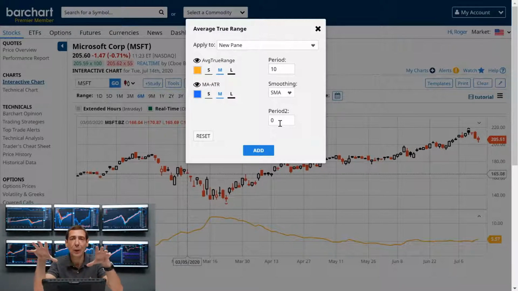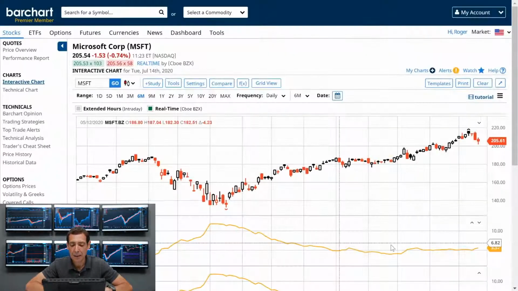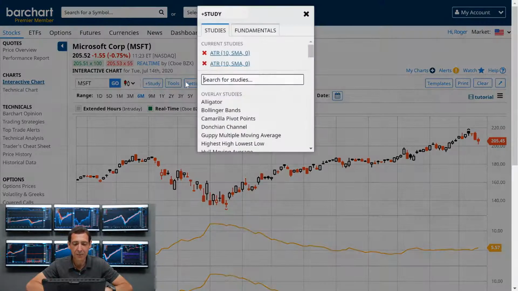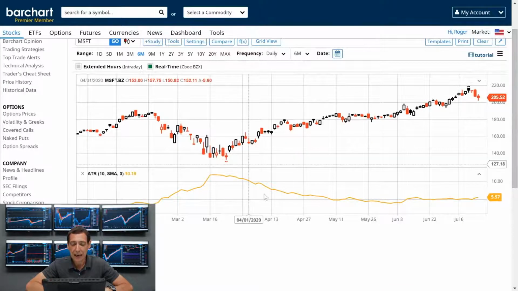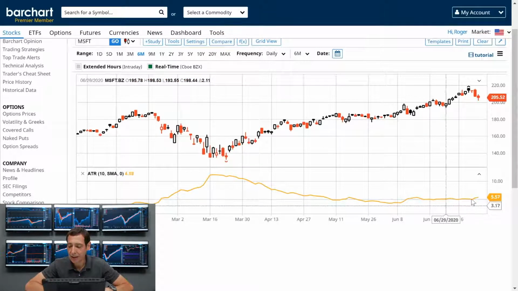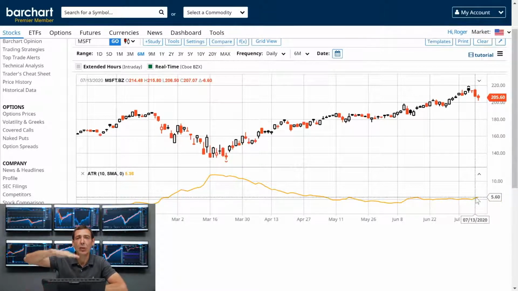I don't want to accentuate the indicator anyway at all. So we just set it to 10 days, smoothing 0, and then add it. And I think it just gave me double the indicator, double the fun. All right, so now we just have the ATR, and all we're doing is this line here tells us what the dollar per day average over the last 10 days is on Microsoft.